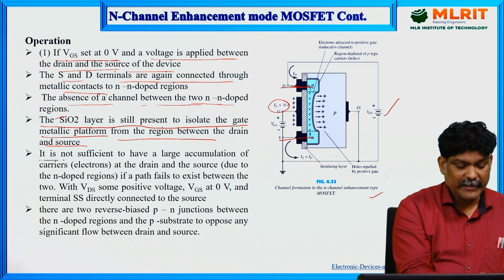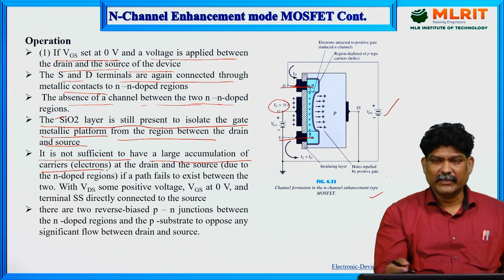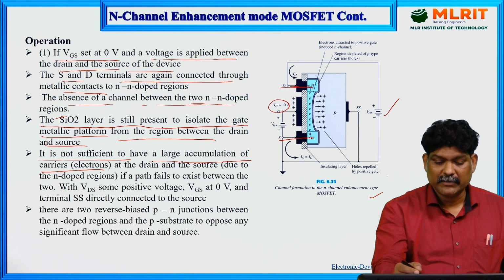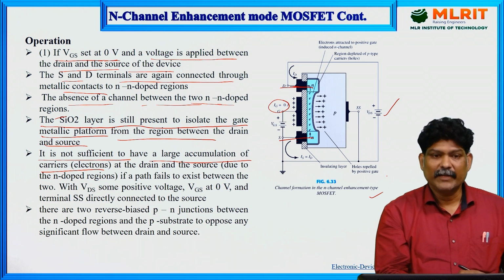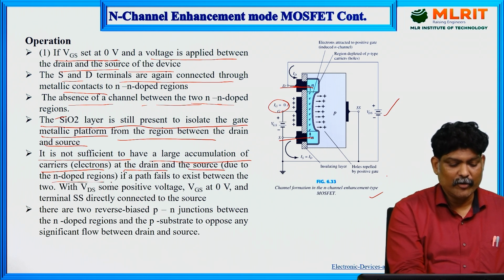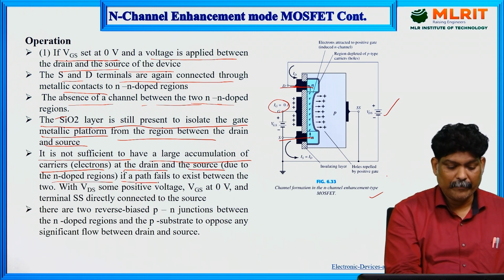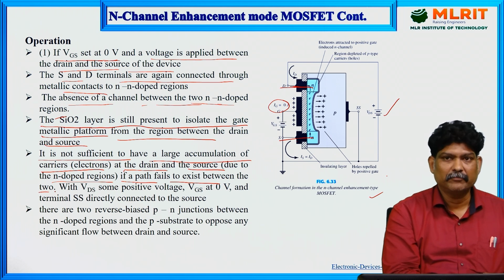Now, it is not sufficient to have a large accumulation of carriers, that is electrons, at the drain and source due to the N-doped regions if a path fails to exist between the two. This is another important point.